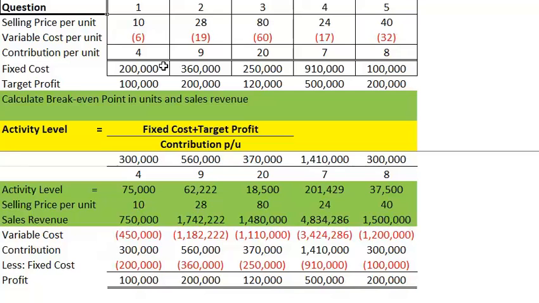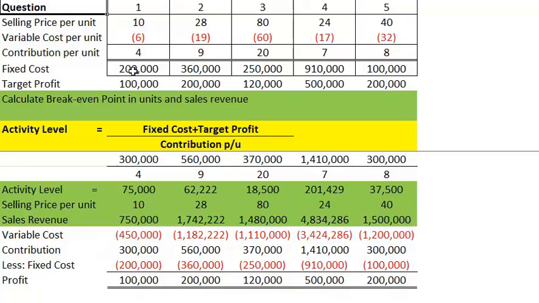Formula for calculating activity level at which we not only cover cost but also target profit is fixed cost plus target profit divided by contribution per unit. As we have already calculated, contribution per unit is 4 pound.